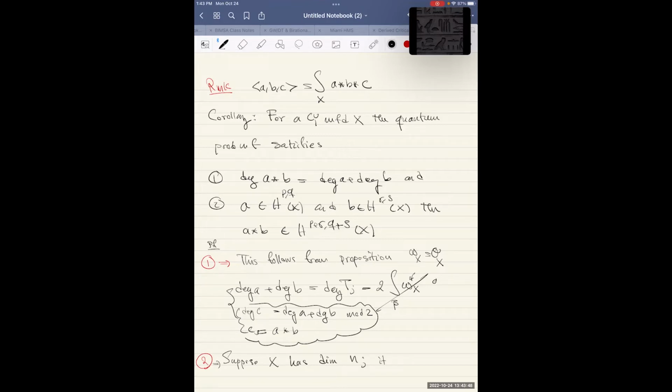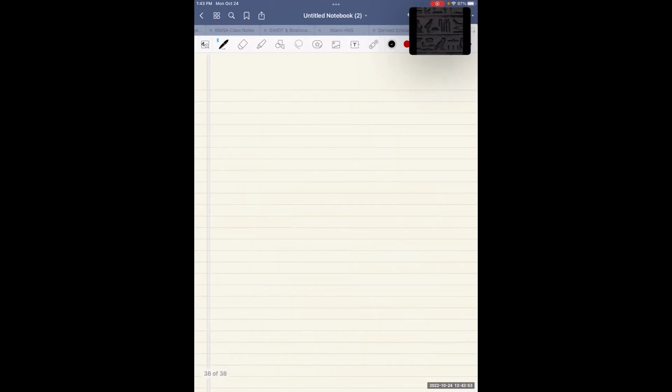Then it suffices to show, that we would like to show, okay, so it suffices to show that the Gromov-Witten number of the 3-point function that we define this way is going to be 0 if C is not an element of H^{n-P-R} and H^{n-Q-S}, right?